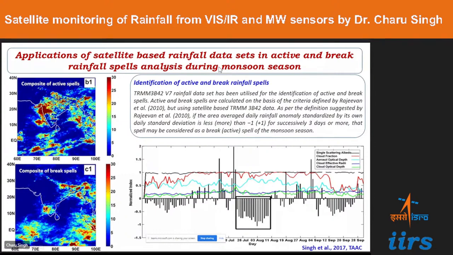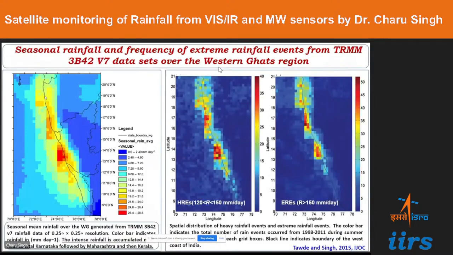So there is a huge contrast between the spatial patterns of the rainfall, and we can also say that active and break spell conditions may not be homogeneously distributed across the Indian region. There are several regions which are responsible for making one particular year a flood or drought year, depending upon the number of active spells or the number of break spells during the year.